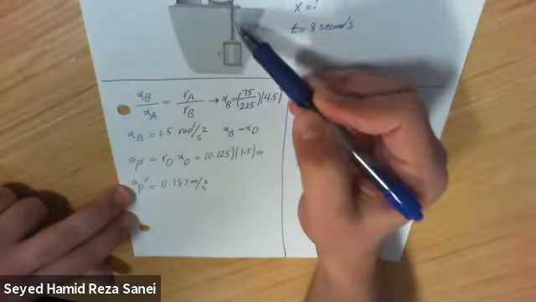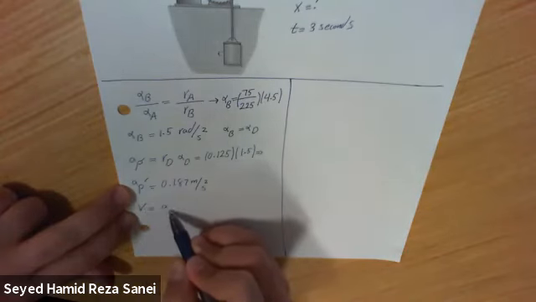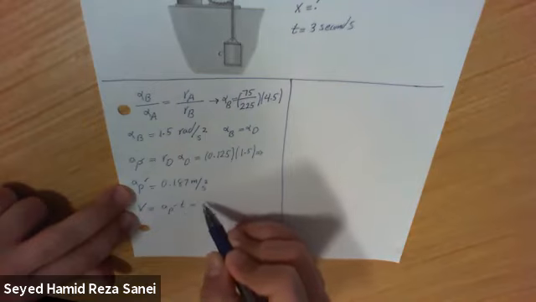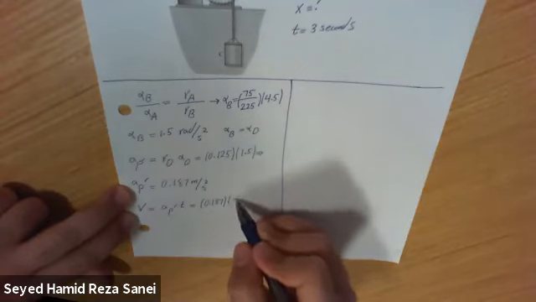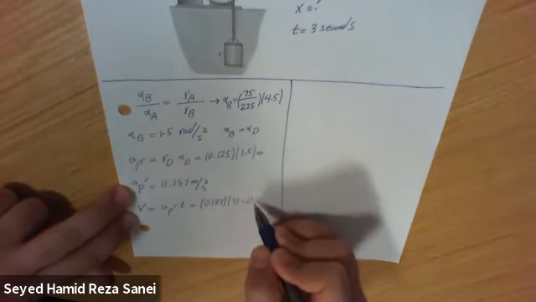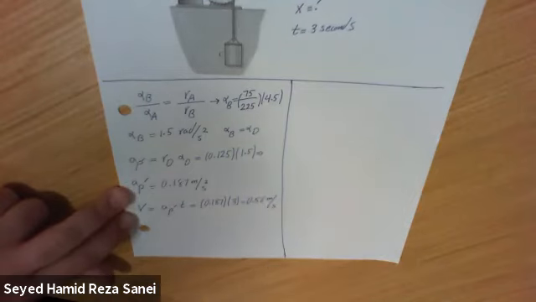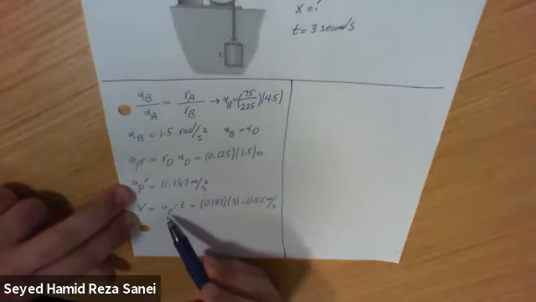It's just a linear equation. So velocity is A P prime times T. I have this value, 0.187, time it takes 3 seconds, so that would be 0.56 meter per second. And I didn't have any initial velocity. That's why the equation is very simple. It starts from rest.